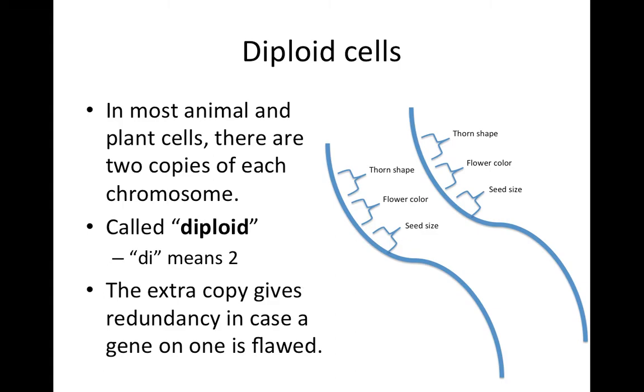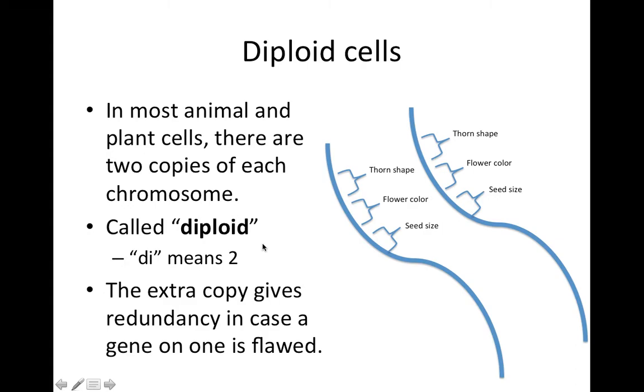In most animal and most plant cells, there are 2 copies of each chromosome. And in cells with 2 copies of each chromosome, this is called diploid. The root di means 2, and so this is 2 ploids or 2 chromosomes.